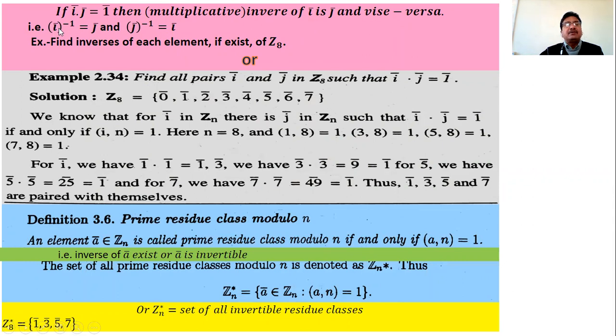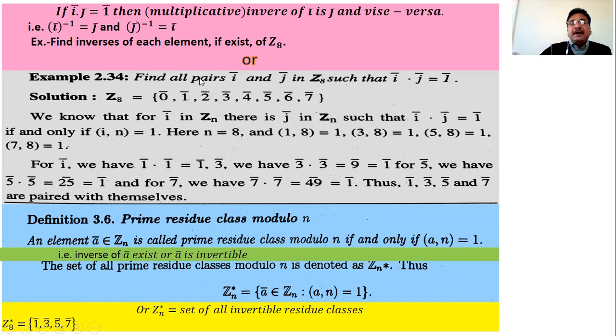It means the multiplicative inverse of I bar is J bar and the multiplicative inverse of J bar is I bar. So when I bar into J bar is 1 bar, we say I bar and J bar are inverses of each other, or multiplicative inverses of each other.